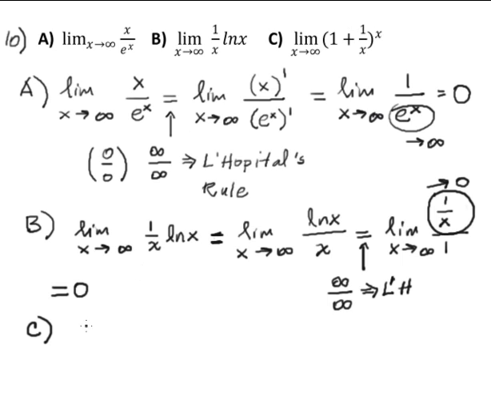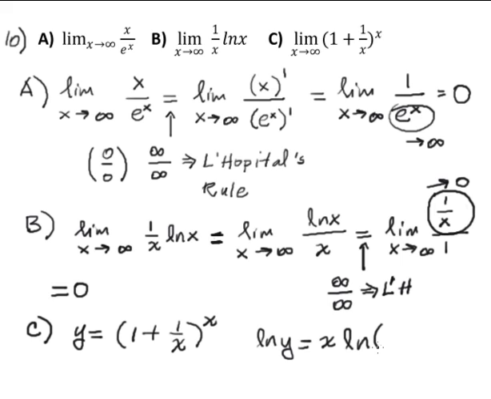So let's say what we want to do is get another variable like y, and we'll put y equal to (1 plus 1 over x) to the exponent x. So log y is equal to x, we'll bring the x down right away using our log rules, x times log(1 plus 1 over x).